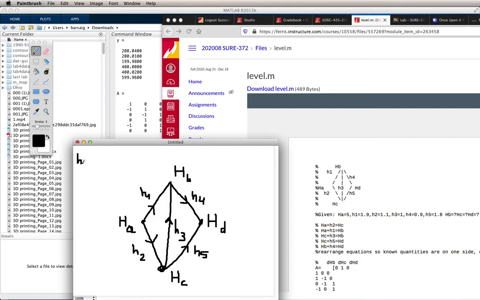So let's write down H1, H2, H3, H4, and H5 as functions of our unknown values.